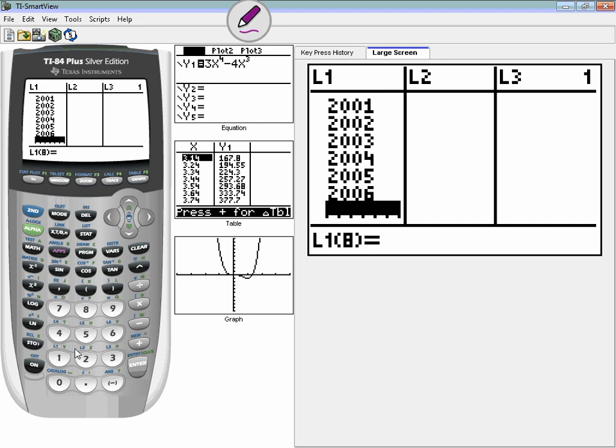Once you get your first list in, what are you going to put in list 2? Your y values. Good.